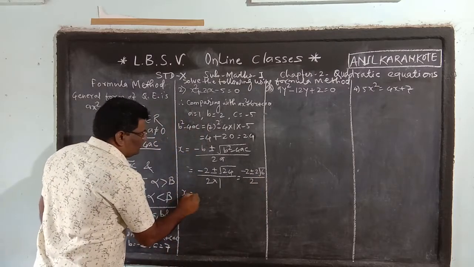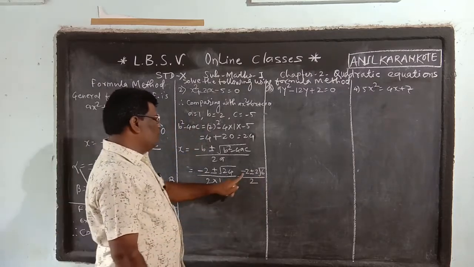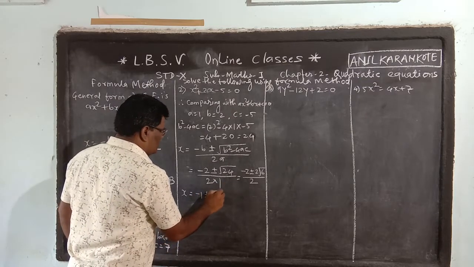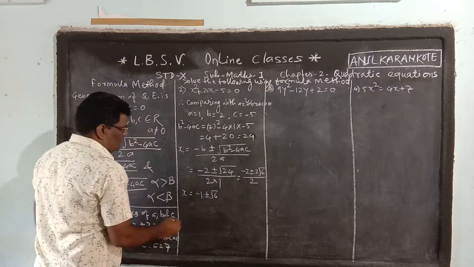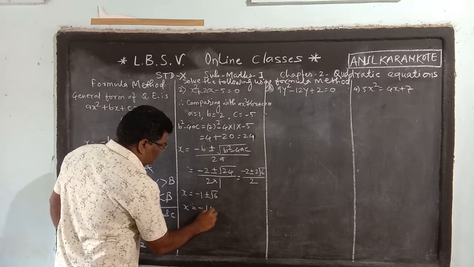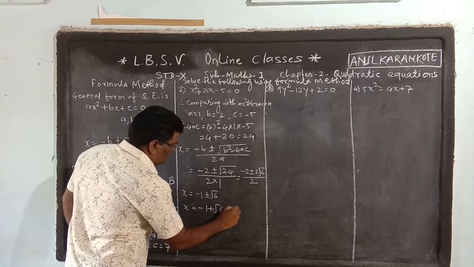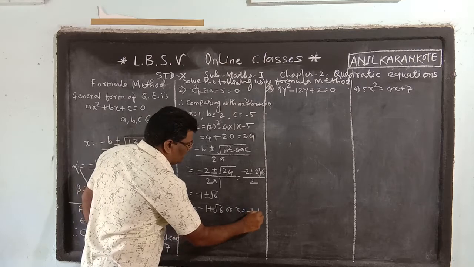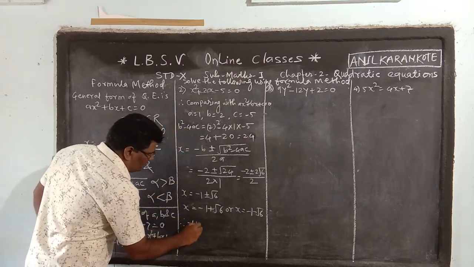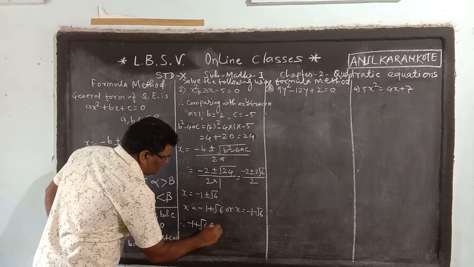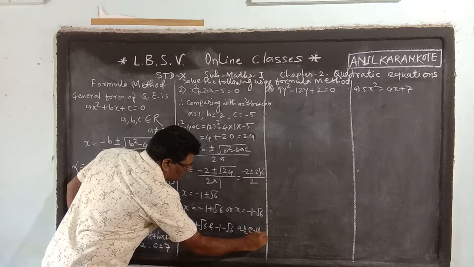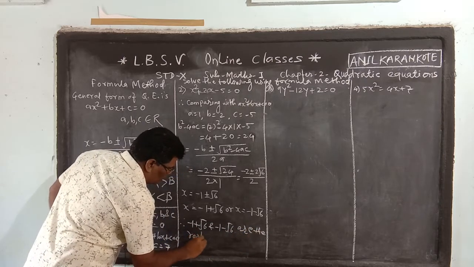Therefore x is equal to minus 1 plus minus under root 6. Therefore x is equal to minus 1 plus under root 6 or x is equal to minus 1 minus under root 6.